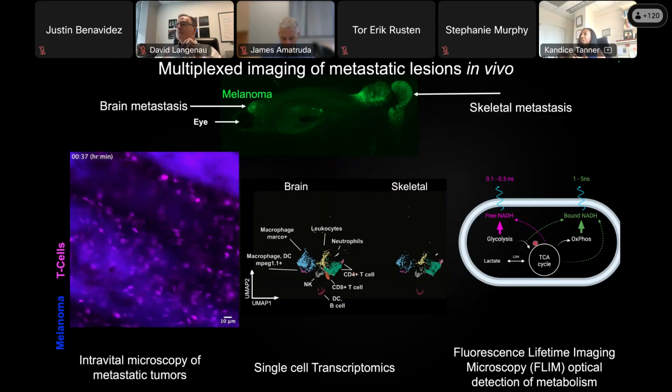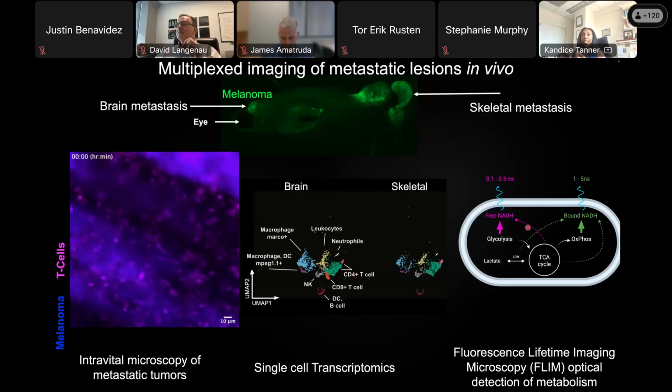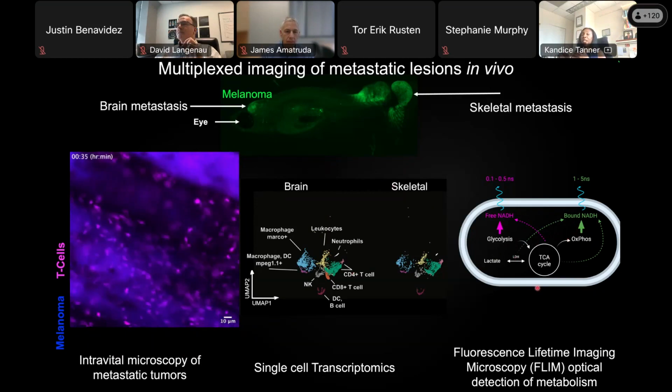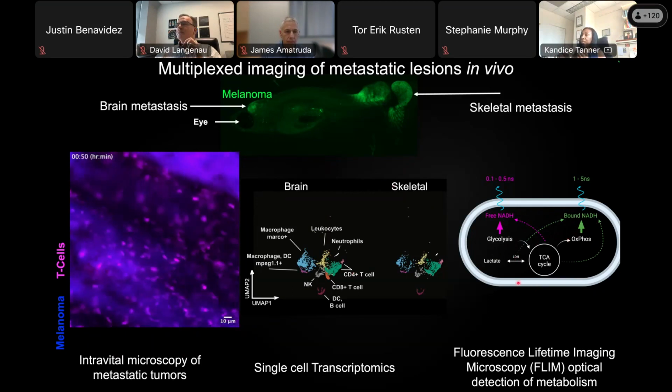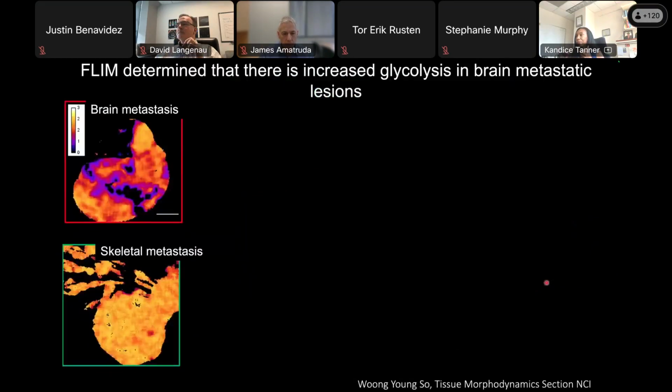In this cartoon, what we're looking at is free and bound forms of a coenzyme known as NADH. And by looking at these metrics, we can determine the relative contributions of glycolysis versus oxidative phosphorylation. So how does it look? You have these heat maps. Here, this is now in terms of nanoseconds, so this is not fluorescence intensity.